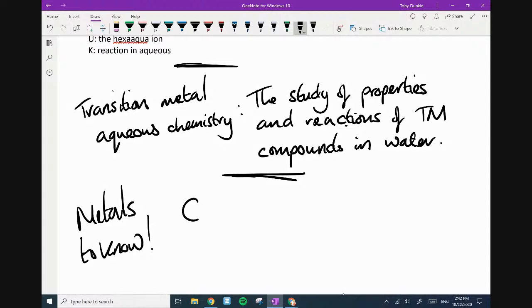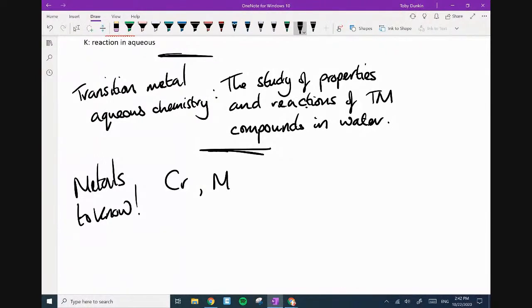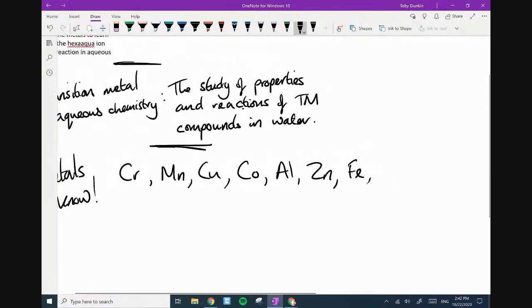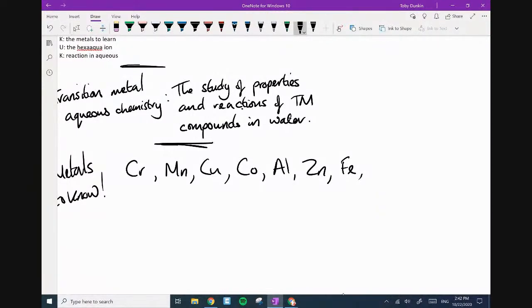Okay, first one, chromium. Second one, manganese. Third one, copper. Fourth one, cobalt. Fifth one, aluminium. Sixth one, zinc. And iron 2, iron 3.